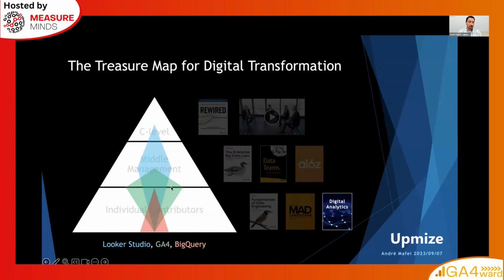Then GA4, the green one, you're going to see data analysts using it a lot more, and then data engineers that are preparing things for LookerStudio or helping on deeper analysis. The data scientists are going to use more BigQuery. Okay, one tool gives data to the next one, right?